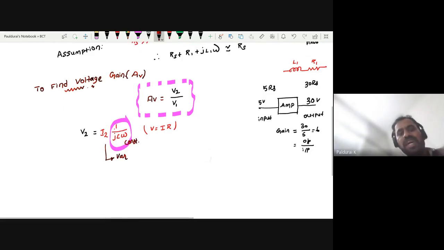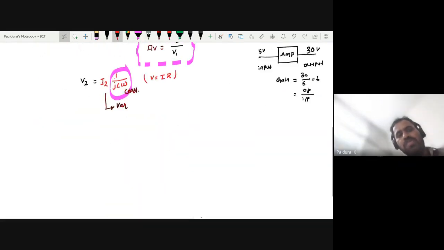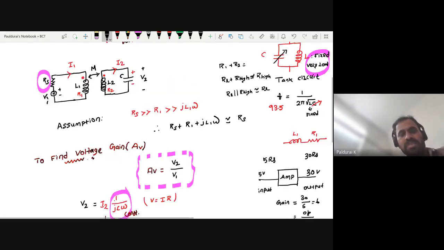How will you find I2? In order to calculate I2, you want to apply KVL at loop 1 and loop 2. By using mesh analysis, we are going to calculate I2. So first let me apply KVL at loop 1. Let me copy this diagram.